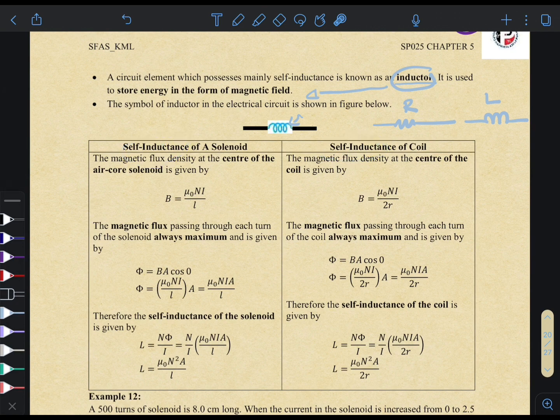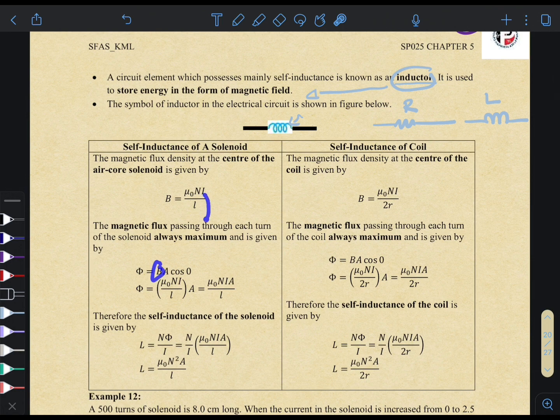So for that we look at the solenoid first. The magnetic flux density at the center of the air core solenoid is given as B equals mu naught N I over L. This is the equation we already learned in chapter 4, the magnetic field of a solenoid. The magnetic flux passing through each turn of the solenoid is always a maximum, and it is given as flux equals BA cos theta.